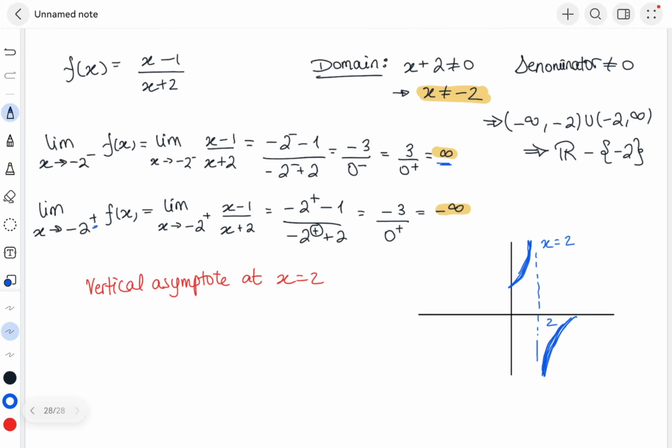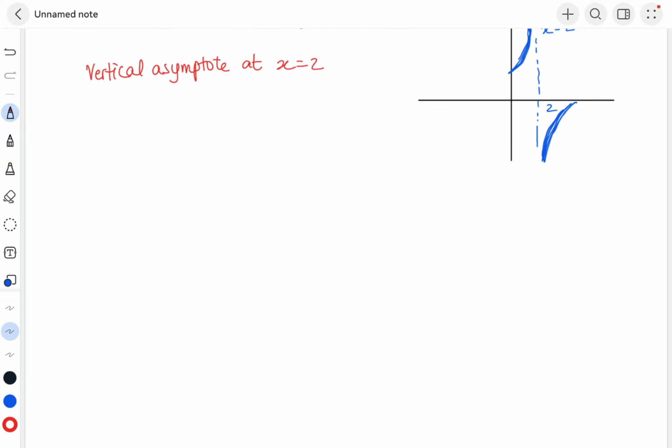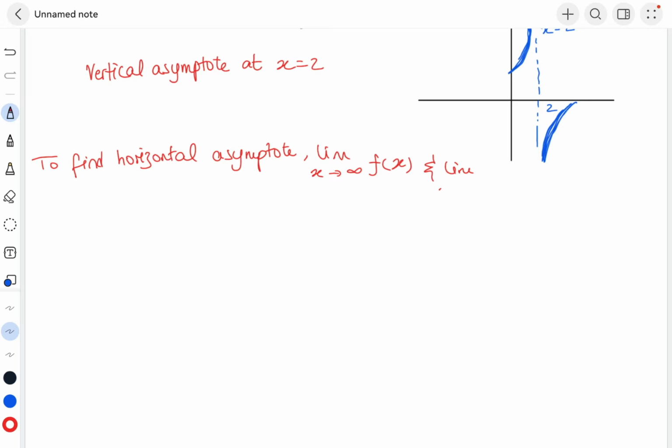Okay, now let's see if we have any horizontal asymptote. To find any horizontal asymptote, we find the limit as x tends to infinity of our function, and as x tends to negative infinity. Now, our function is x minus 1 over x plus 2.